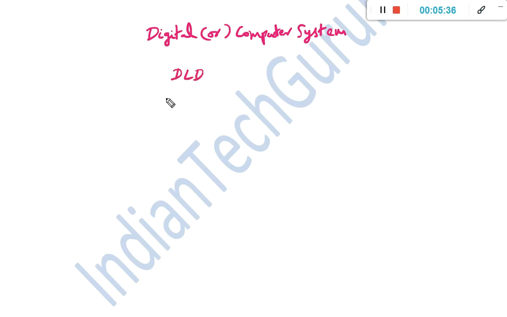You might have studied several concepts such as flip-flops, decoders, encoders, multiplexers. These are all the basic building blocks to manufacture a digital computer. Transistors, diodes. All these are the basic building blocks to design a computer.